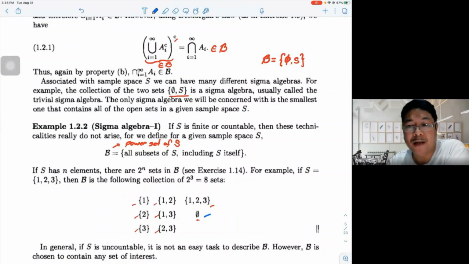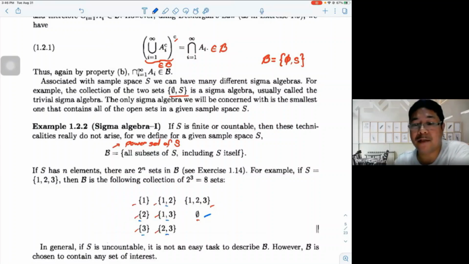If an event is an element of script B, then its complement is also an element of script B. Say for example, this set containing 1, if it is in script B, the complement of this, which is the set containing 2 and 3 here, is also an element of script B. If this singleton containing 2 is in script B, the complement of that, which is the set containing 1, 3, should also be in script B. Same thing, if we have this singleton containing 3, then the complement of that, which is the set containing 1, 2, is also an element of script B.